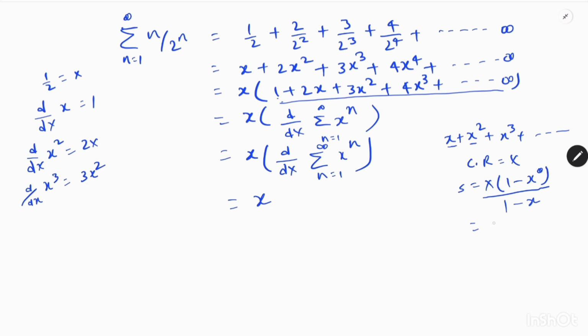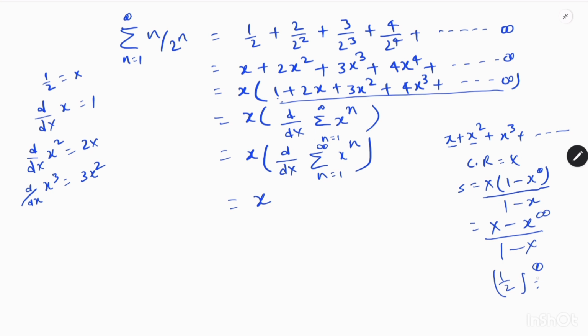So we can write it something like x minus x to the power infinity, as infinity plus 1 is again infinity. So let's write something like this: 1 minus x, right? Okay, so x is 1 by 2 to the power infinity. So 1 to the power infinity would be 1, and 2 to the power infinity is significantly large.